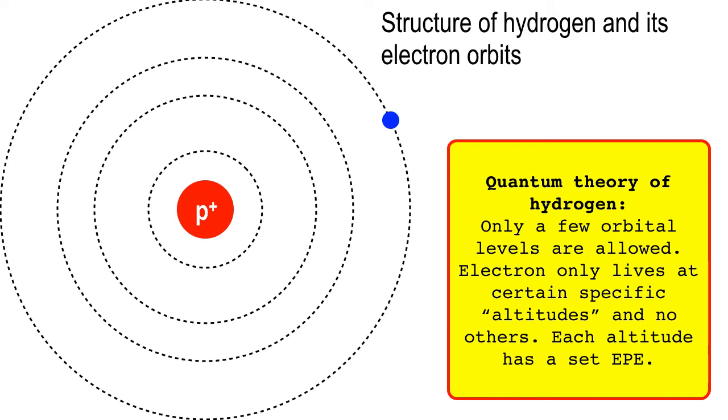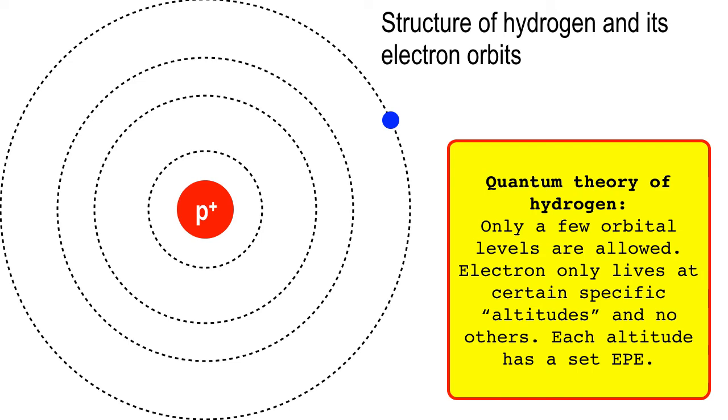But the electron doesn't emit a full spectrum. It's not a continuous spectrum. It's only certain colors. So somebody said, look, let's think of it as being only able to drop a certain number of orbital levels. Kind of like planes in a stacking pattern over a busy airport. They keep some planes at 15,000 feet and others at 13,000 feet and others at 11,000 feet, so they keep them separated.